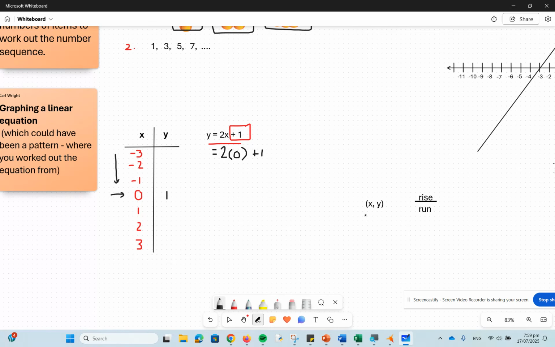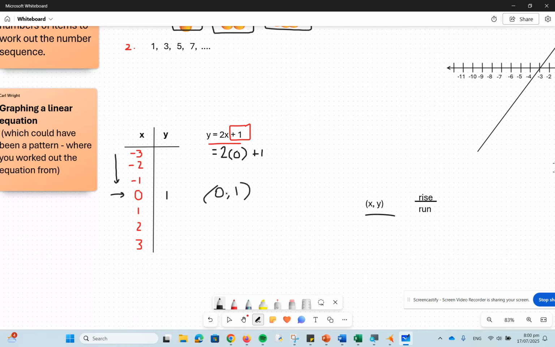Notice what we're doing over here with x and y. All we've done is made an x and y coordinate pair from my column here. My column of numbers I chose for x, substituted in the value, and now it gives me a y. So now I've made an x and y pair, and this one just happens to be 0 across the axes, and 1 up on the graph.